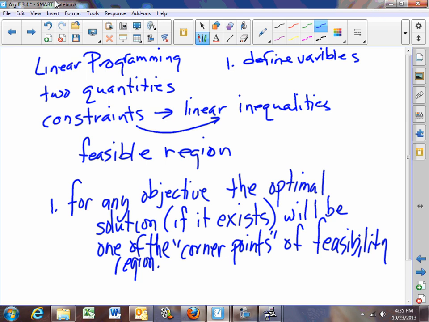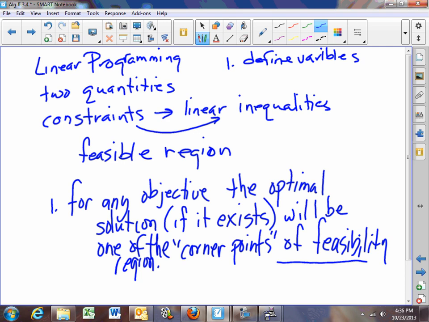We then find the solution to the system of linear inequalities, and that is the feasibility region. We then find the vertex points of the corners of the feasibility region, and we put those values in our objective and see which one of those makes it most and which one of them makes it least.